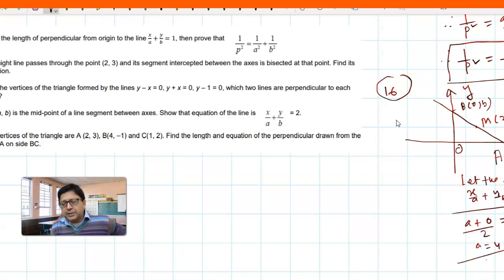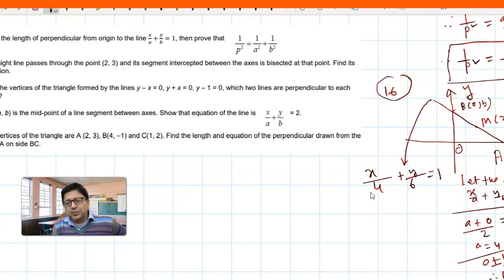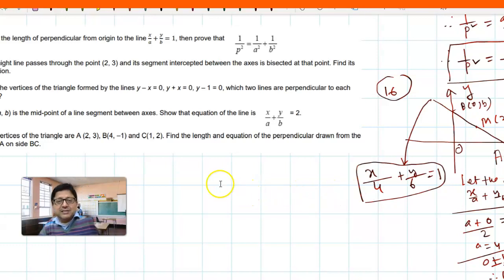Similarly, 0 plus b by 2 equal to 3. Therefore, b equal to 6. So a is 4 and b is 6. So the line AB equation you can write now: x by 4 plus y by 6 equal to 1. Further simplification is not necessary. You can do it, it's fine, but not required.